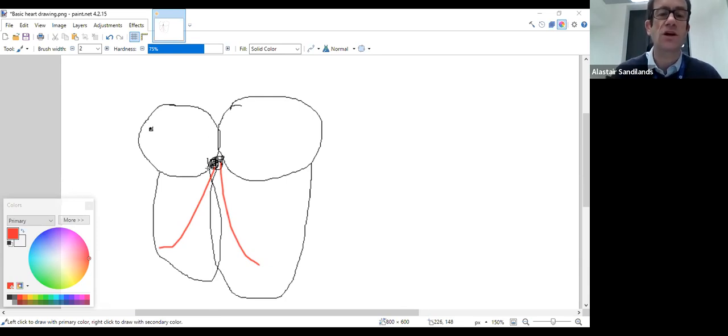When the AV node doesn't work very well at all, you get two P waves occurring. So one won't go, and the AV node hasn't recovered yet, then the second one comes along. So number two gets through. Number one doesn't get through.